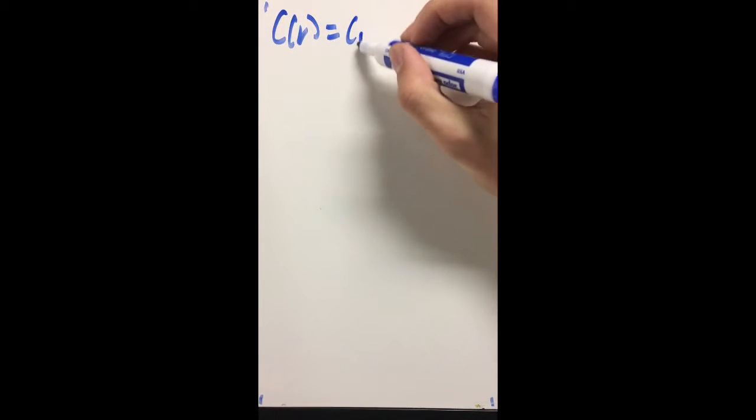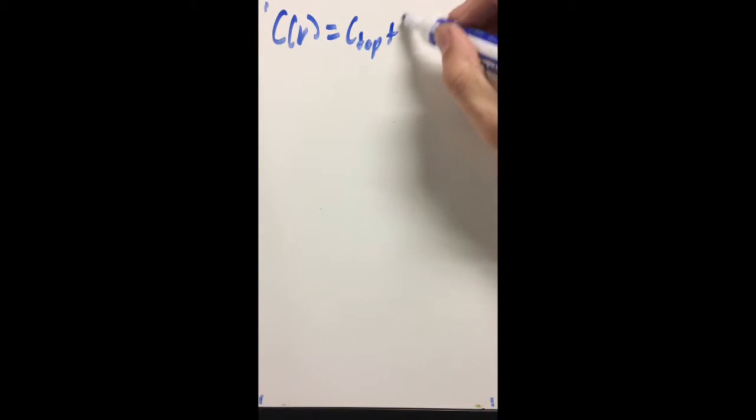So the cost in terms of r is going to equal the cost of the top plus the cost of the bottom plus the cost of the side.